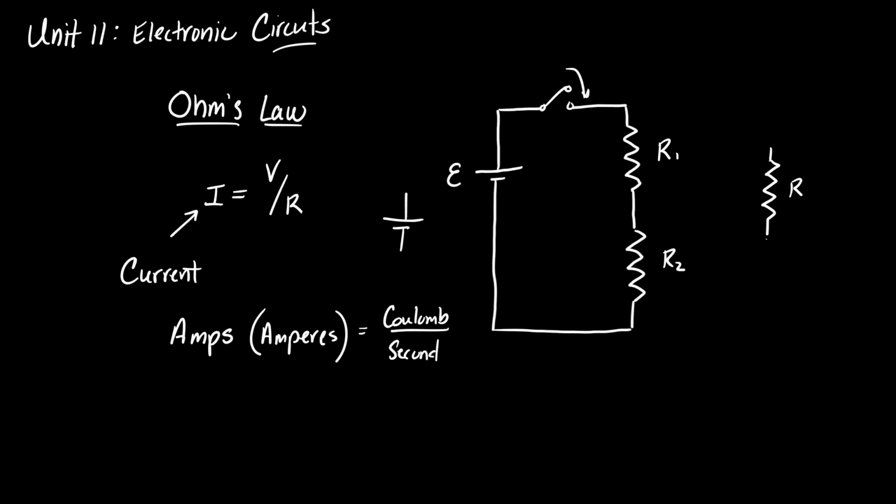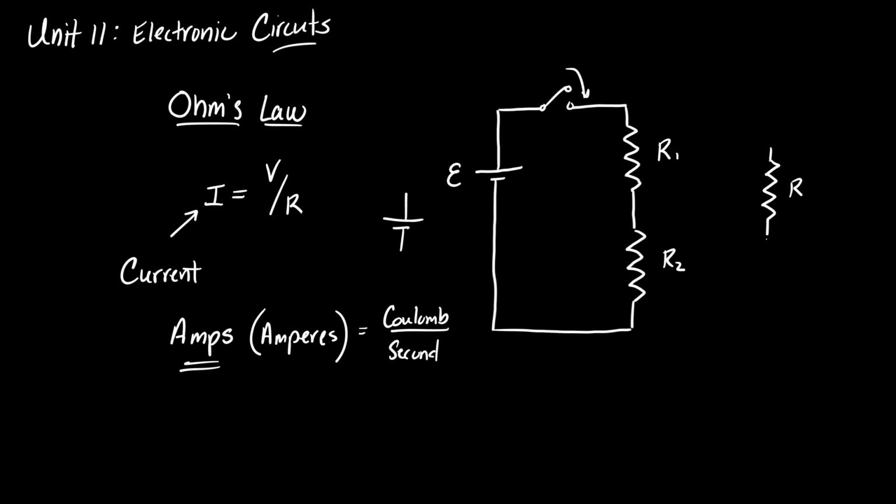Coulomb came afterwards. But amp and volt were both units that were measured before we understood what was happening inside circuits. Now that we do understand more of what's happening inside circuits, we understand that there's a flow of charged particles, and we understand what those particles are. But for this conversation, an amp is a coulomb per second, and it is the flow of charged particles.